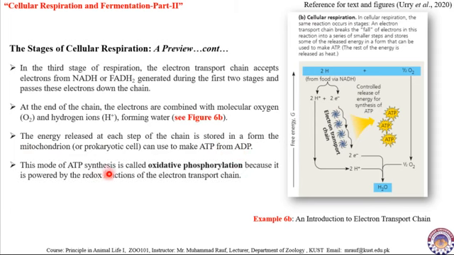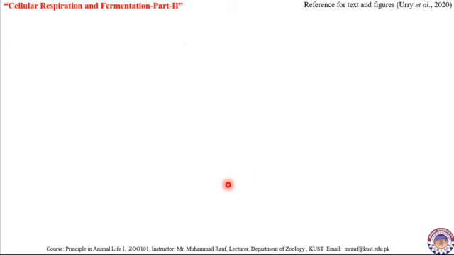So this mode of ATP synthesis is called oxidative phosphorylation because it is powered by the redox reactions of the electron transport chain. The redox reactions taking place in the inner membrane provide energy for pumping the protons into the intermembrane space, and then these protons return via ATP synthase and ATP is synthesized.